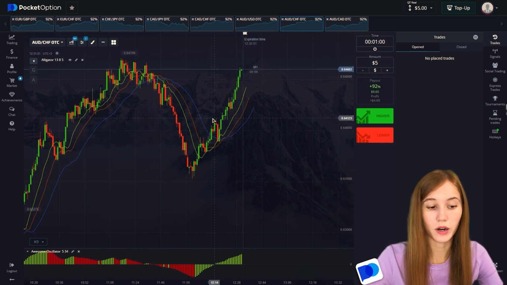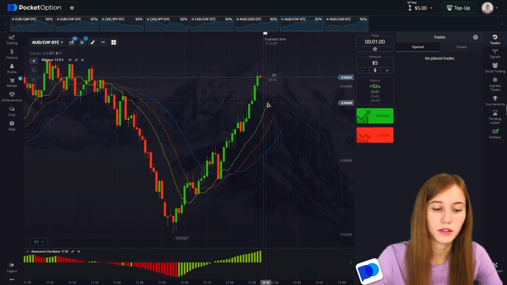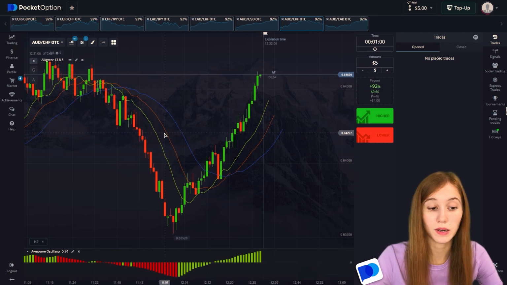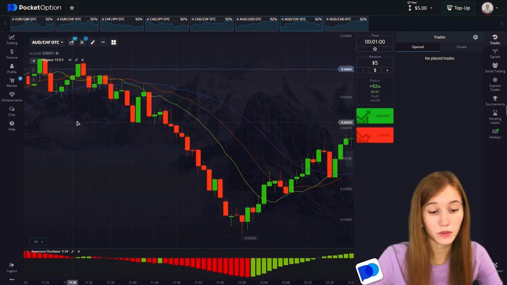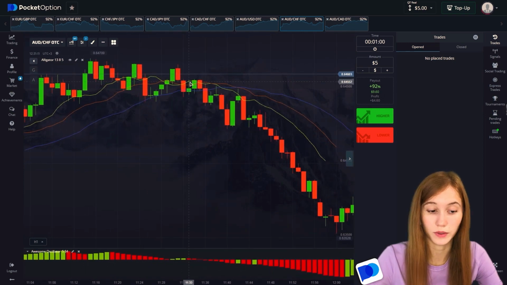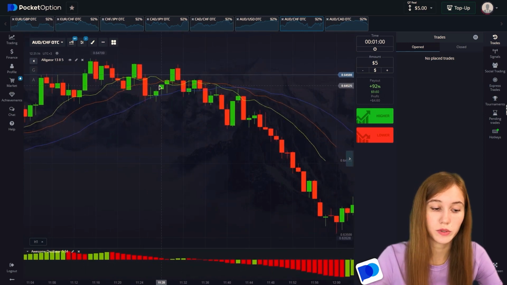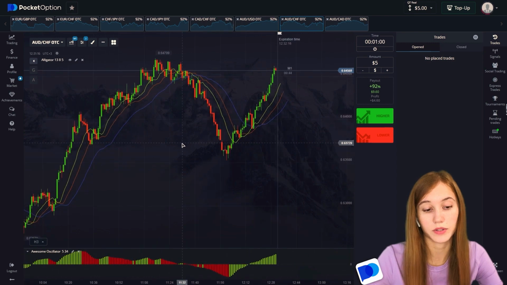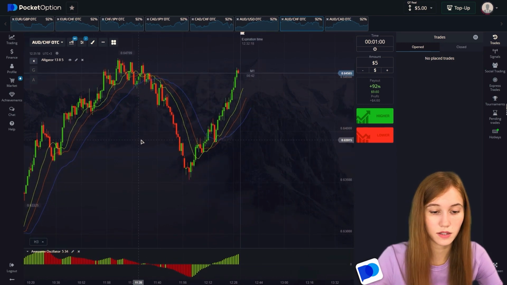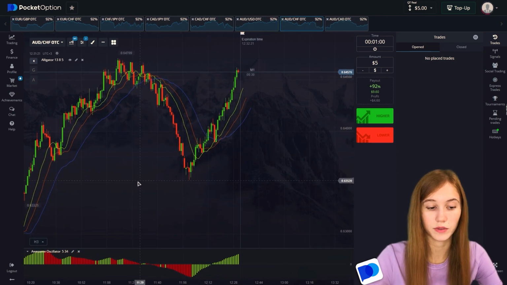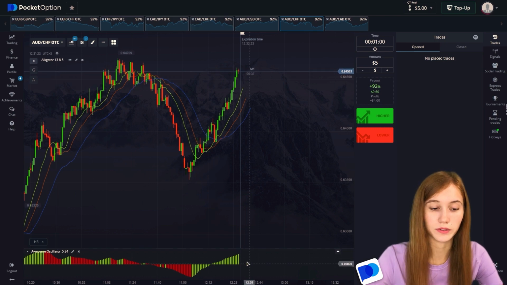It shows when the market is flat, and when the market is in momentum, and when the impulse begins and ends. The green moving average dominates in an upward trend, blue in a descending one. Red is the average between the two moving averages, and when the lines cross, this is a signal for a trend change. It's very important.